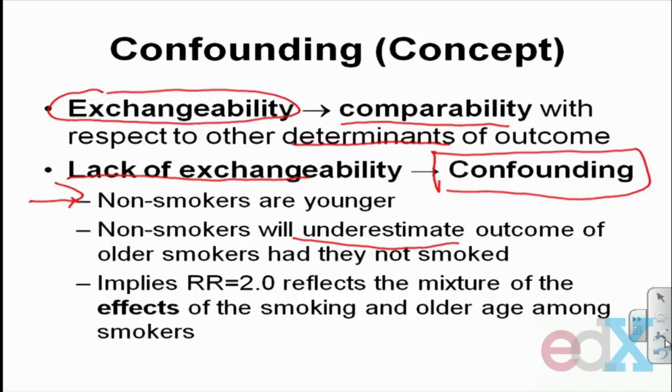They are young compared to our smokers. That implies our risk ratio that we observe in our data set, the doubling of the incidence of disease, is really reflecting the mixture of two effects. Our exposed people are smoking, and smoking increases your risk of disease. Our exposed people are older, and older age increases your risk.